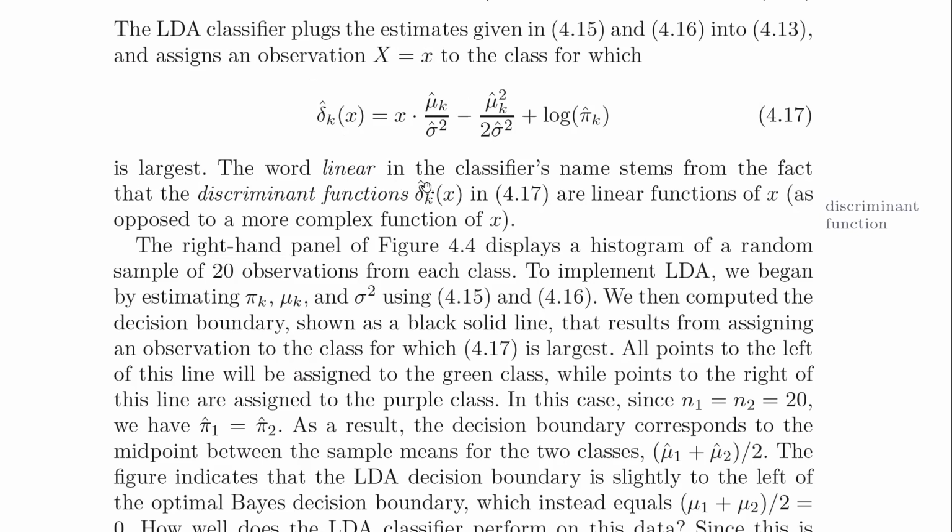The word linear in the classifier's name stems from the fact that the discriminant functions, delta hat K, are linear functions of X, as opposed to a more complex function of X. Think of your trigonometric, your logarithmic, it's just linear in X.